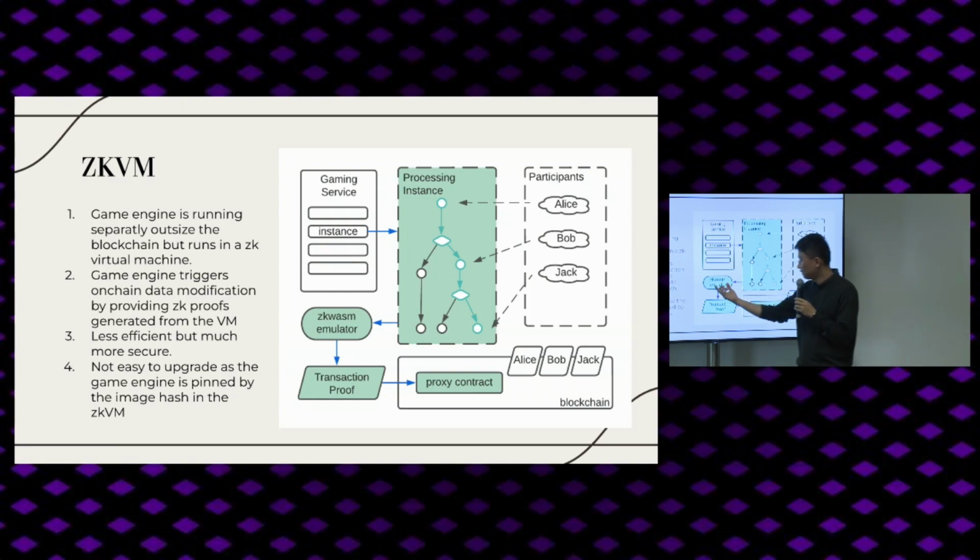You can replace this with any virtual machine, like zkVM or RISC Zero. The benefit is that with a virtual machine, you do not have to reason about whether the semantics are actually the semantics of the initial game engine. But the problem is that upgrading is not that easy, because every time you upgrade the game, it generates a new hash for the image.